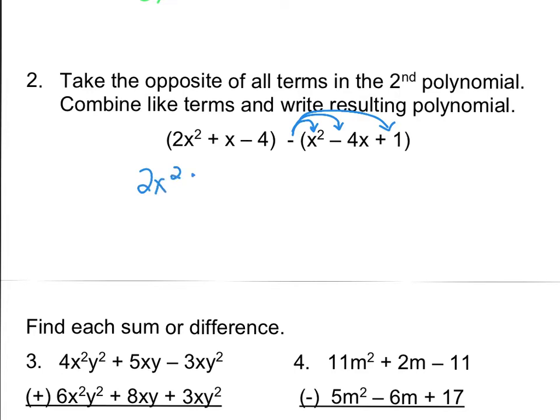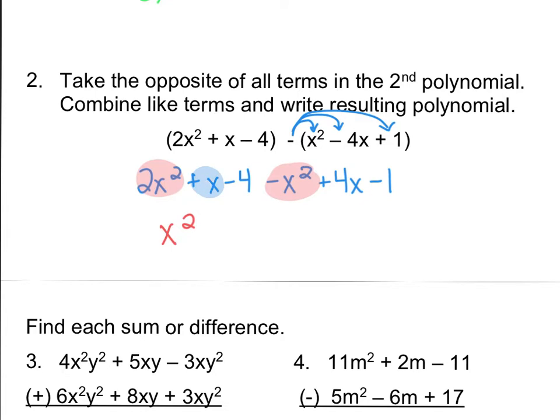So I'm going to rewrite this: 2x squared plus x minus 4 minus x squared, a negative times a negative, plus 4x minus 1. So all I did was distribute that negative out and make each of the terms in the second polynomial the opposite sign. So now I am going to combine like terms. 2x squared minus x squared, so that sign in front is always important, is going to leave us with x squared.